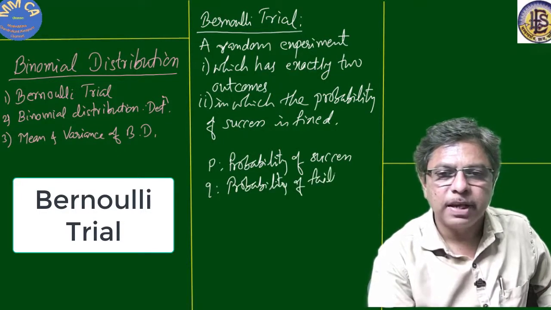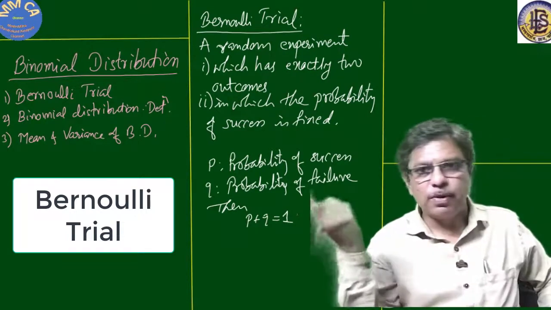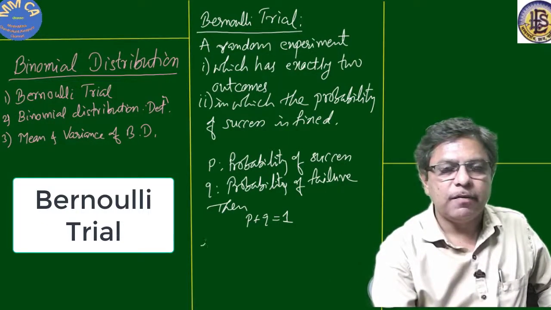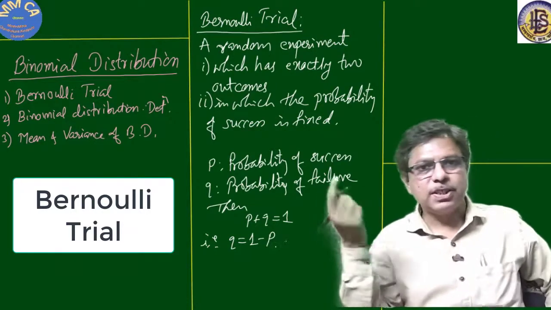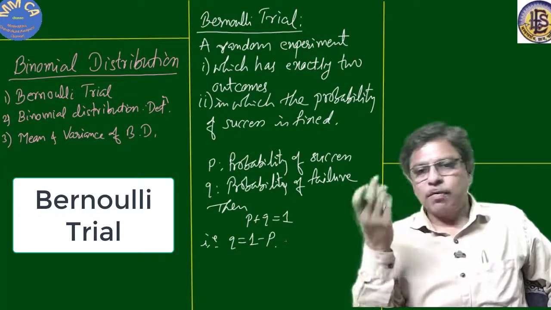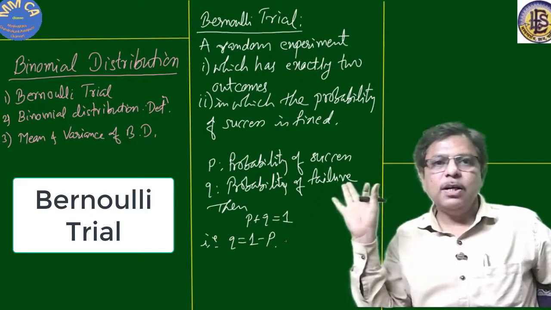A very simple relation between p and q is that p plus q is always 1, because the sum of all probabilities must be 1, so q is equal to 1 minus p. If p is the probability of success, we can easily calculate the probability of failure as 1 minus p. So this is about the Bernoulli trial.